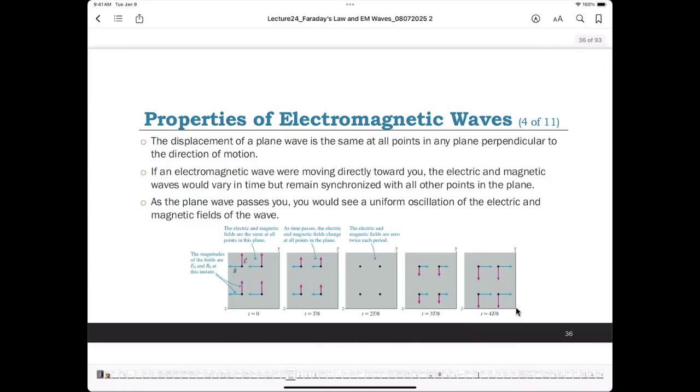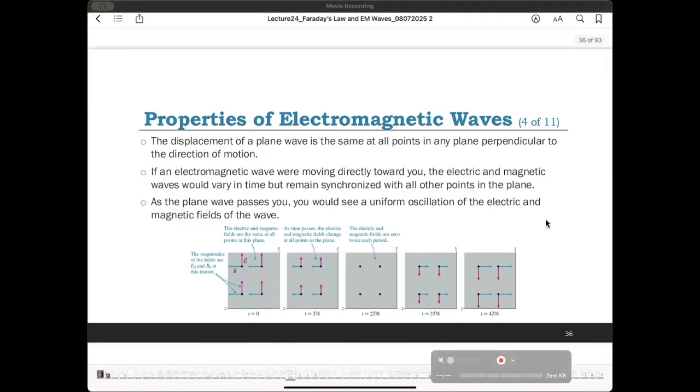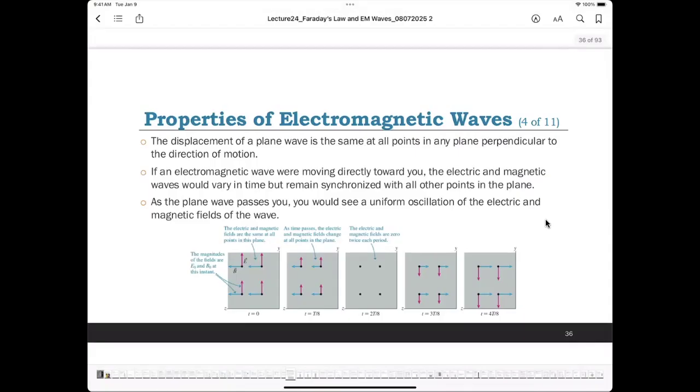If an electromagnetic wave were moving directly toward you, the electric and magnetic waves would vary in time, but remain synchronized with all other points in the plane. As a plane wave passes you, you would see a uniform oscillation from the electric and magnetic fields of the wave.